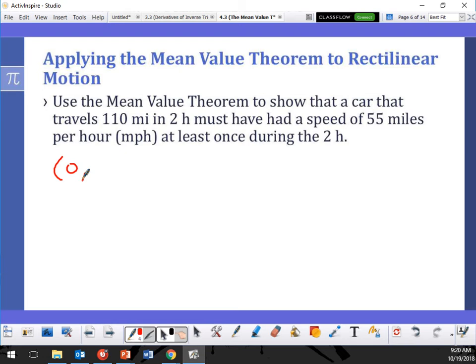How many miles do we travel at time 0? T, comma, miles. It's 0 and it's 0 miles, right? And time 2 hours, right? 110, right?